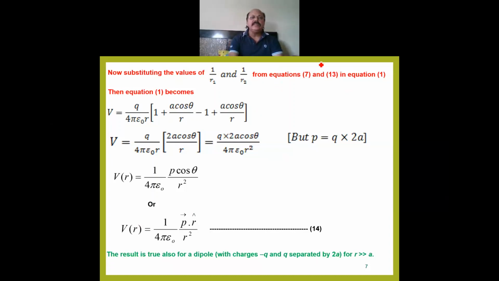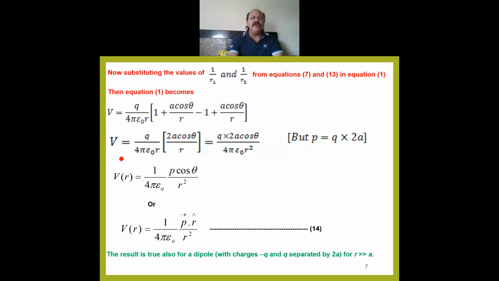Within bracket is 1 plus a cos theta upon r minus 1 plus a cos theta upon r. So 1 and minus 1 get cancelled, that is 1 minus 1 is 0.